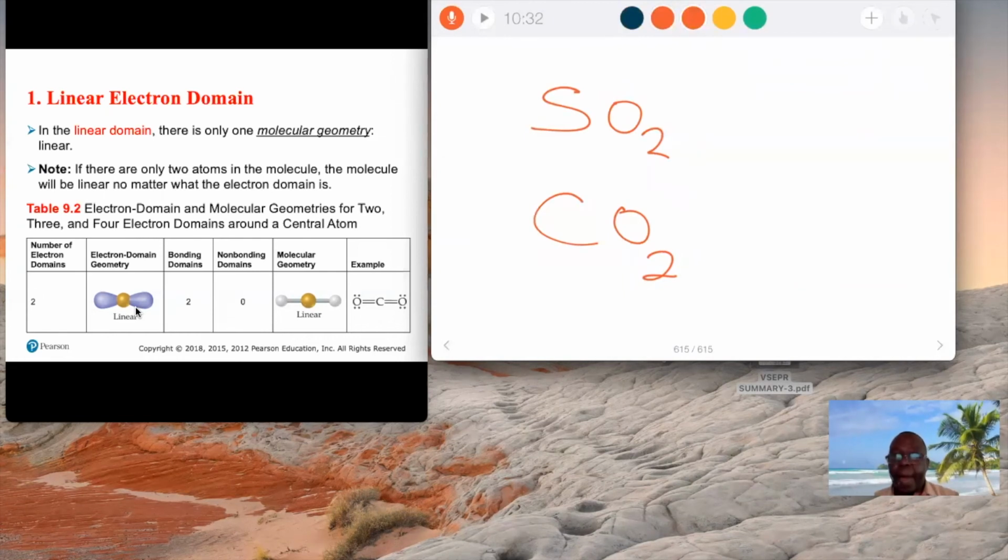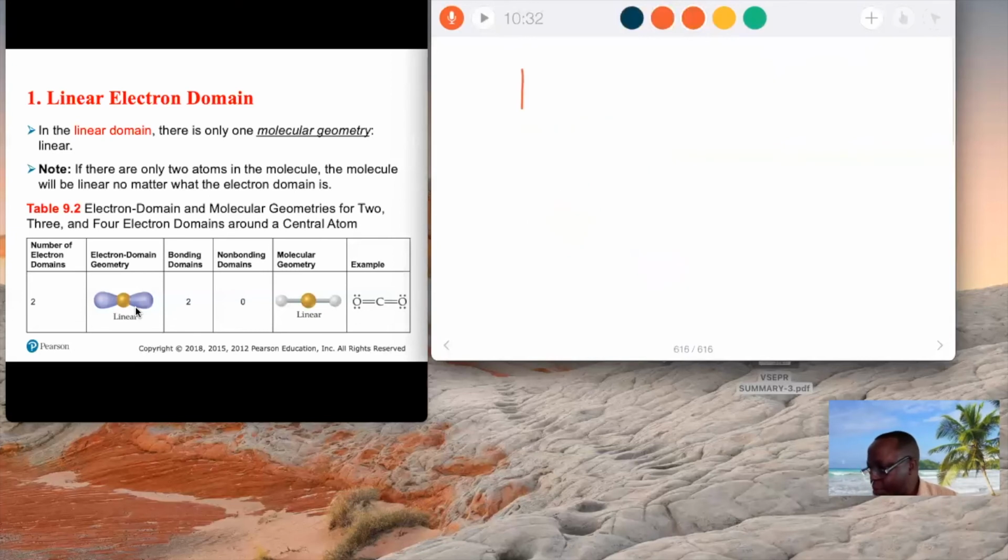And then factor in how many lone pairs of electrons we have. I'm just going to give you an example of H2O, which assumes this shape with hydrogen there, and there are two lone pairs.